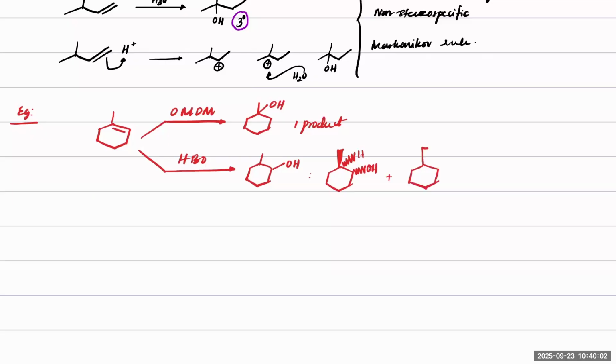If hydrogen is outside and methyl is inside, then OH also should come outside. Both should be syn to each other. So this is the syn addition, and both of them are enantiomers of each other. Therefore 50% and 50% will be formed, giving a racemic mixture.